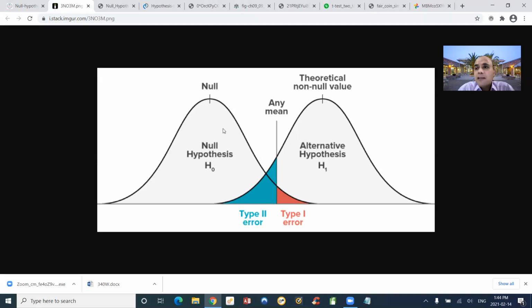A person is innocent until proven guilty. What is the null hypothesis? A person is innocent. What is the alternative hypothesis? A person is guilty. So if you add anybody who is innocent plus anybody who is guilty, you get 8 billion people on the planet Earth.